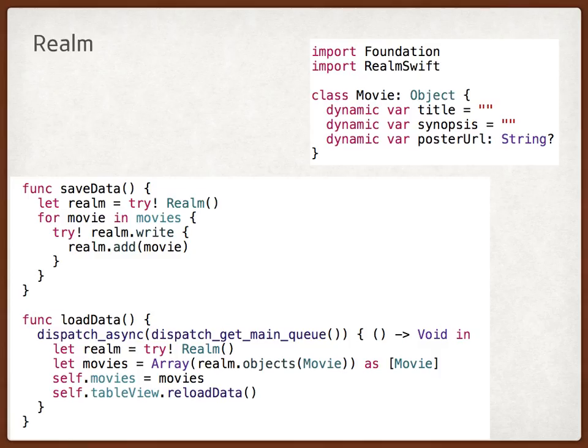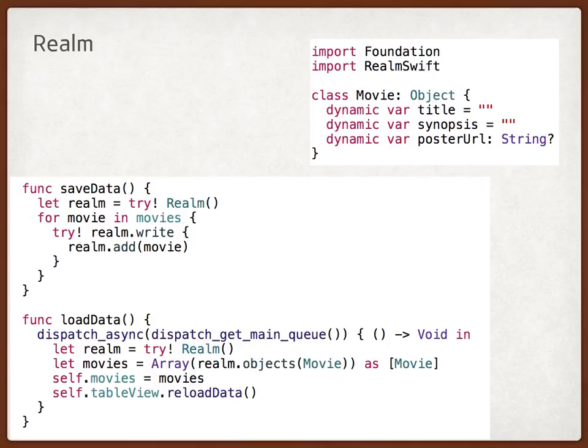So this is the code for RAM. It's quite simple, very easy to get all the information. With just a few lines of code, you're able to save everything. It's easier to read than the ones you saw before. You don't need to convert everything into NSData or anything. It's saved into a file, and you also have support from the RAM browser.